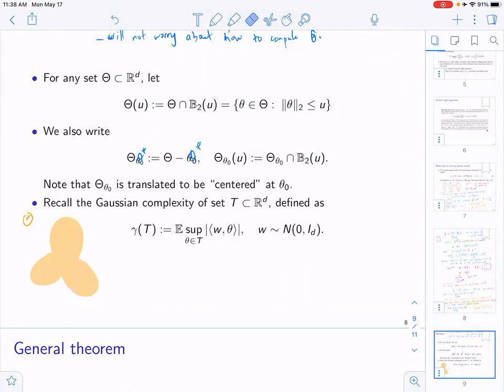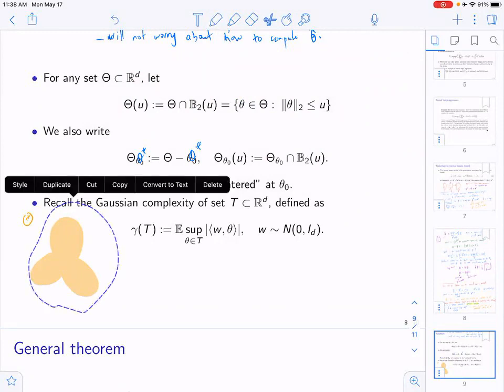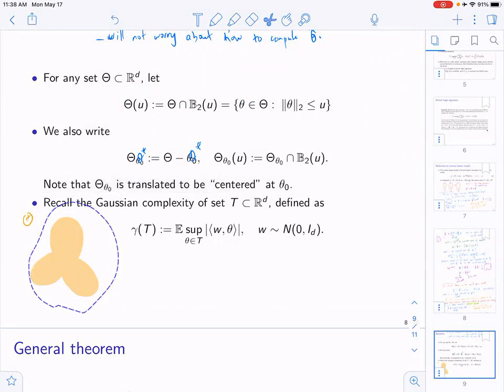So let me try to geometrically picture this. Suppose I have something like this. That's the set, that's the theta. This is the origin.